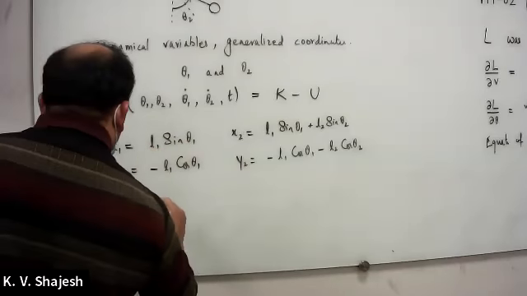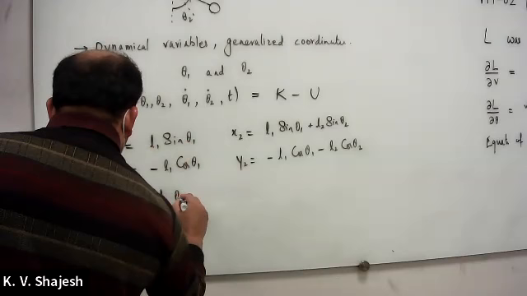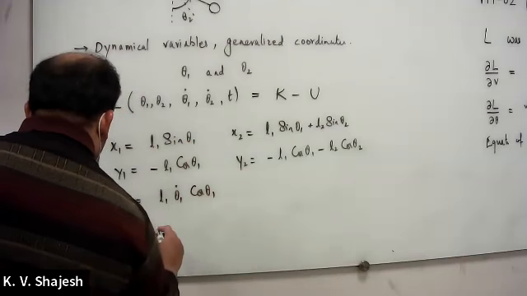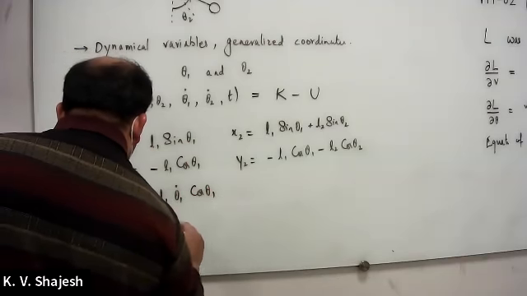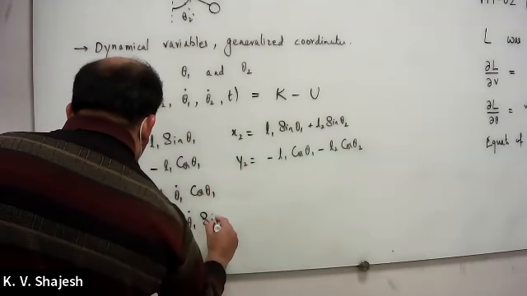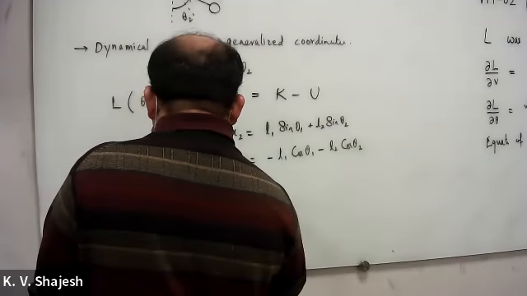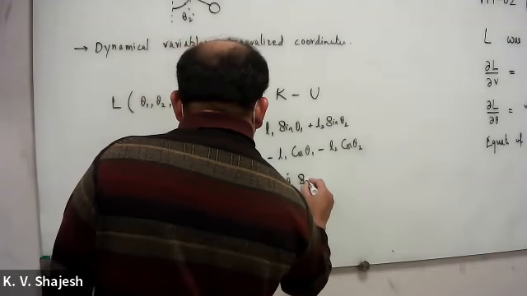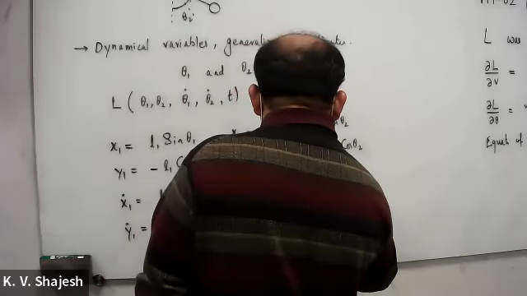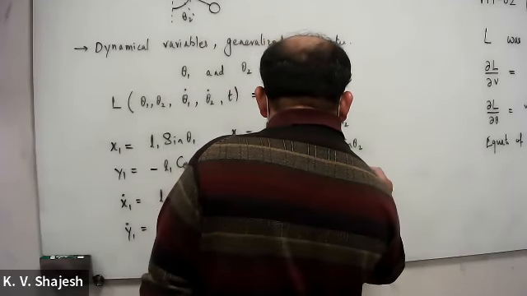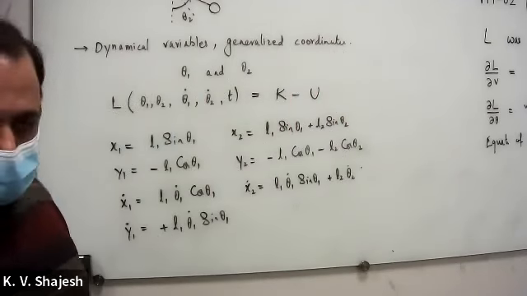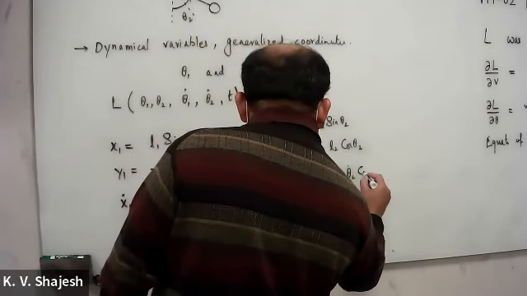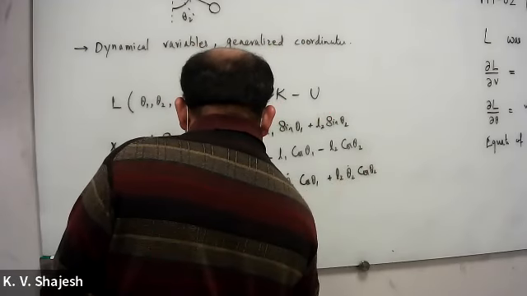L1 is a constant, so it's only theta 1 dot, so it is L1 theta 1 dot cosine theta 1. y1 dot is equal to minus L1 theta 1 dot sine theta 1, and x2 dot is equal to L1 theta 1 dot cosine theta 1 plus L2 theta 2 dot cosine theta 2, and y2 dot similarly.